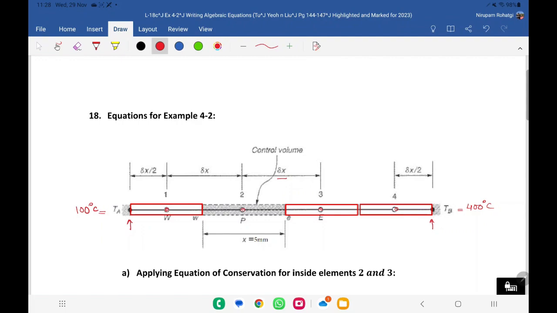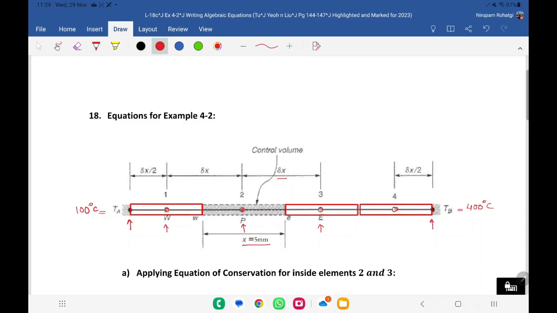What are the steady state values? That means after the end, what will be the values here? Okay, this x is equal to 5 millimeter. Now note that this is the point P on which we are writing the equation. The point on the right is called east and the point on the left is called west.